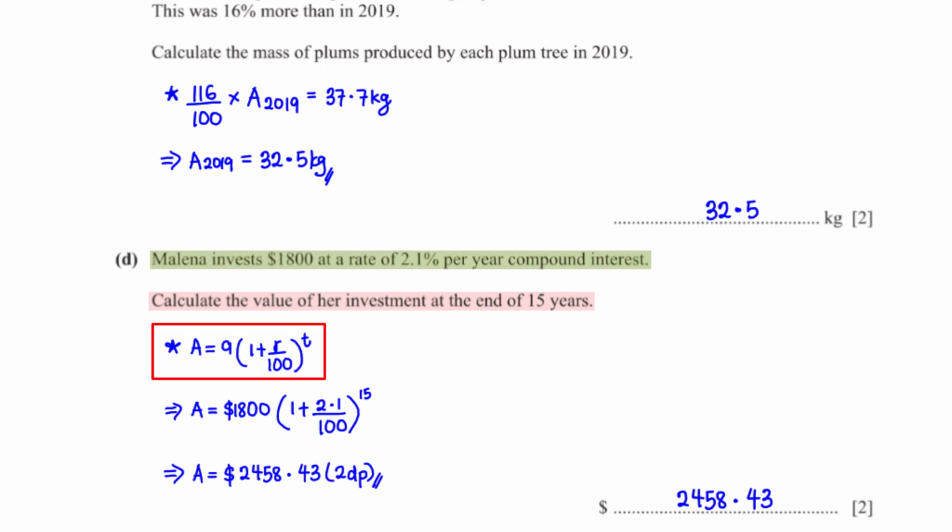Small a represents the initial value of the investment, which has been given as $1,800. R is the rate, which is 2.1%, and T is the time duration in years, which is 15. When we type this into the calculator, we get $2,458.43 rounded to 2 decimal places.